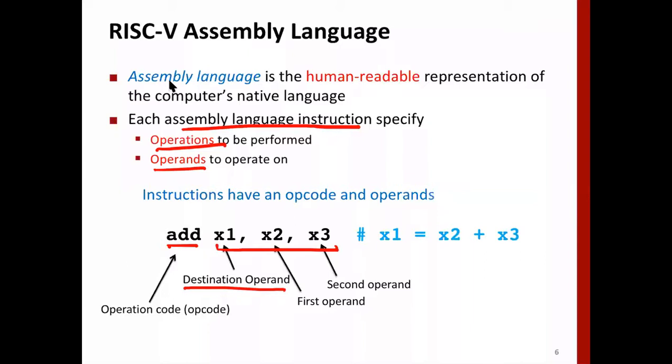So there are two source operands and one destination operand. In general, these three are called operands. Then we use a hash to represent a comment: whatever we write after the hash in assembly is a comment. Note that we are using only one instruction in a line.